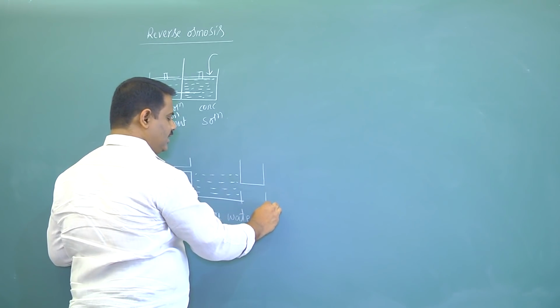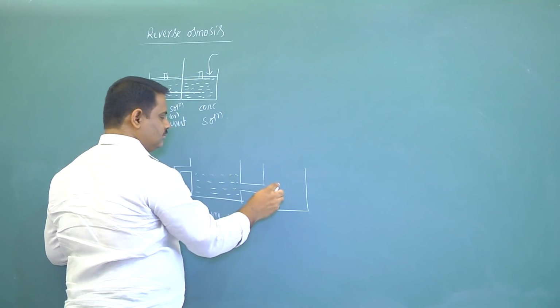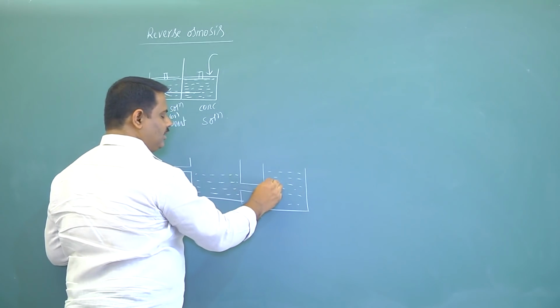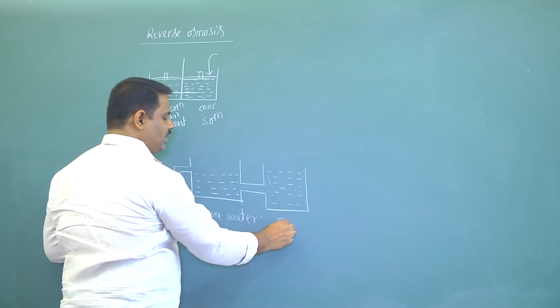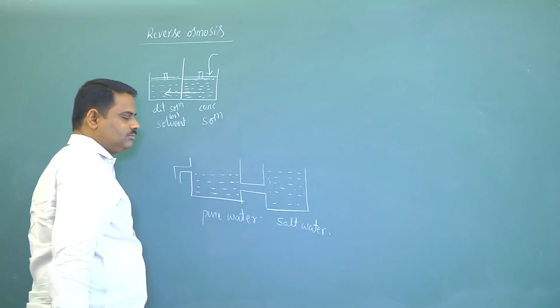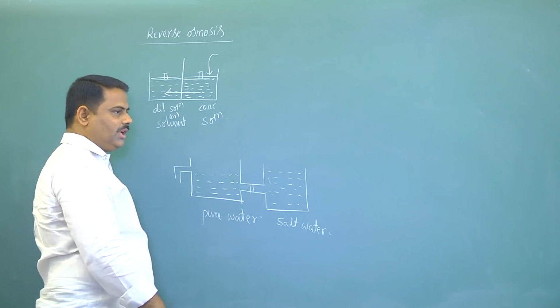Now the other container, where we have impure water, or you can say salt water. Both are separated by a semi-permeable membrane.